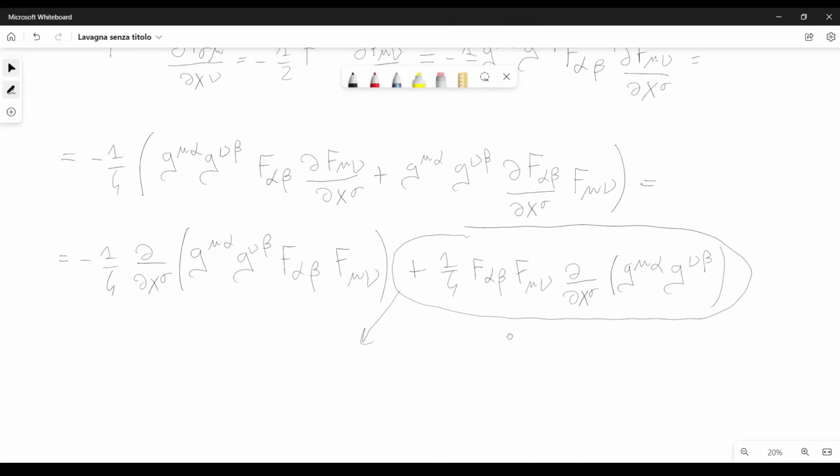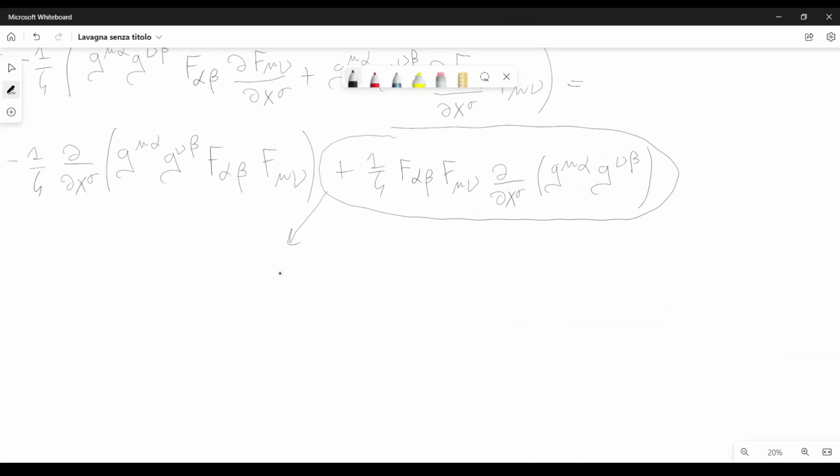This can be rewritten as a sum of two terms. When we differentiate with respect to x sigma, we have 1 over 4 F alpha beta, F mu nu, derivative of G mu alpha with respect to x sigma times G nu beta, plus 1 over 4 F alpha beta, F mu nu, G mu alpha, derivative of G nu beta with respect to x sigma.